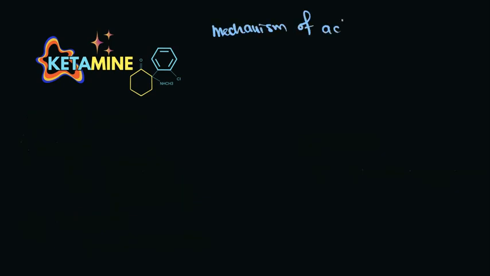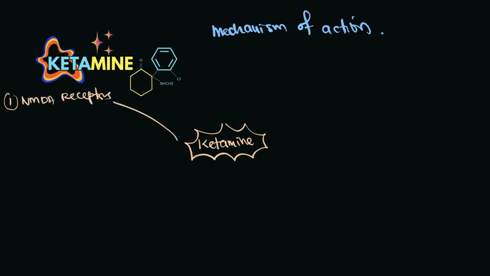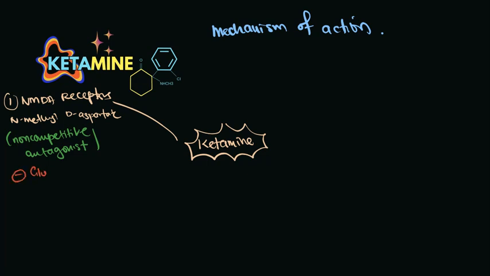Now going into the more interesting bit, how ketamine does its numerous effects. Number 1, its effects on NMDA receptors, or N-methyl D-aspartate receptors. It is a non-competitive antagonist of NMDA receptors. It prevents glutamate from attaching to NMDA receptors, glutamate being an excitatory neurotransmitter in the central nervous system, so glutamate is prohibited from exerting its effects.